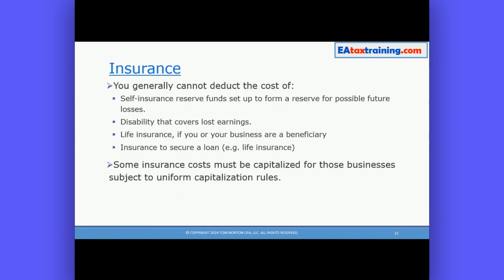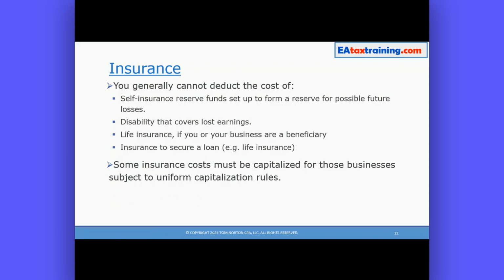So self-insurance reserve funds set up to form a reserve for possible future losses. So you might, as a business practice, set up a fund for self-insurance. You might say, hey, just in case we have a loss in the future, we're going to set some money aside. Maybe we'll put it into a separate bank account.